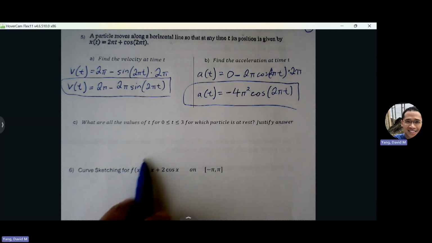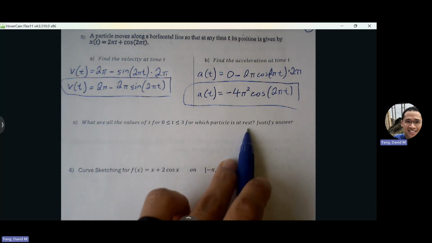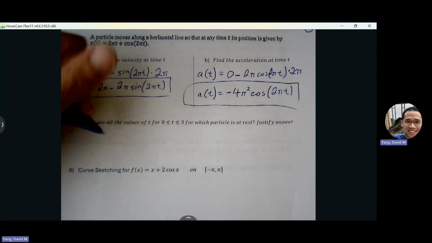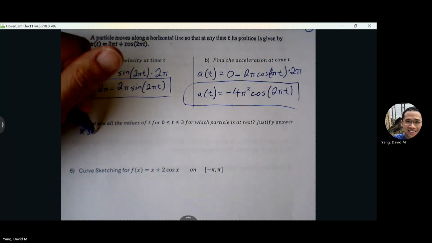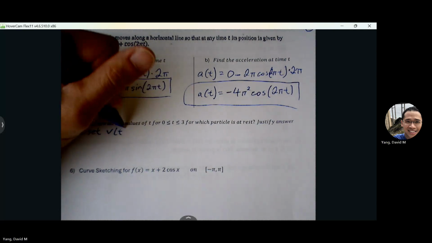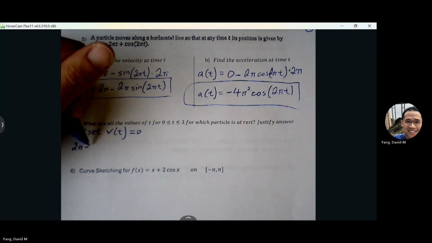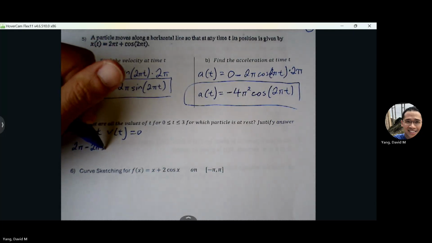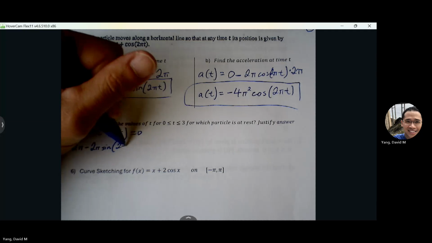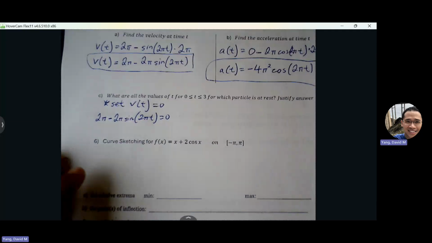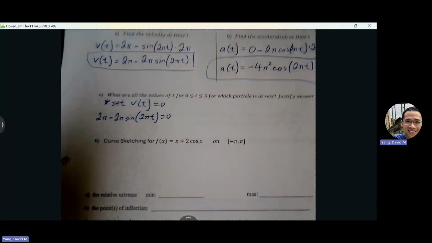Okay, what are all the times when the particle is at rest? Particle is at rest when what's equal to 0? V equals 0, yeah. So we're going to move one thing at a time to the right side.